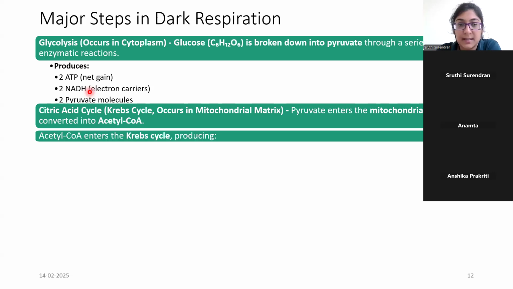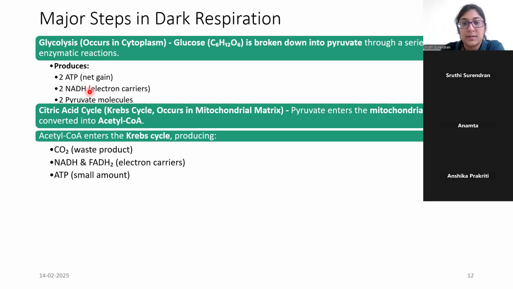Now, this acetyl CoA will go through a series of reactions and will release carbon dioxide as a waste product. Like in photorespiration, although carbon dioxide is wasted without being fixed, this carbon dioxide is also being released out, which will either go out or it is utilized.